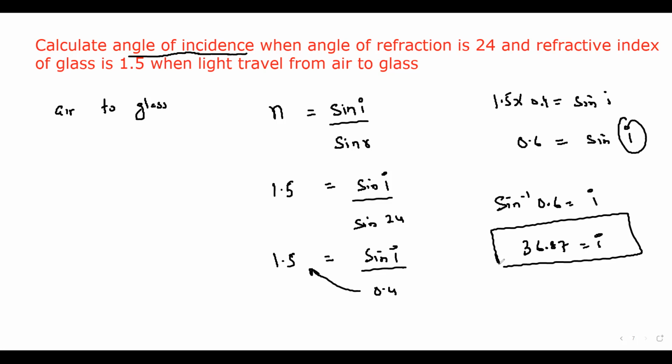Sometimes the refractive index and one of the angles is given, and you have to find the second angle. Sometimes both angles are given and you have to find the refractive index. There is also another formula for refractive index in terms of speed.